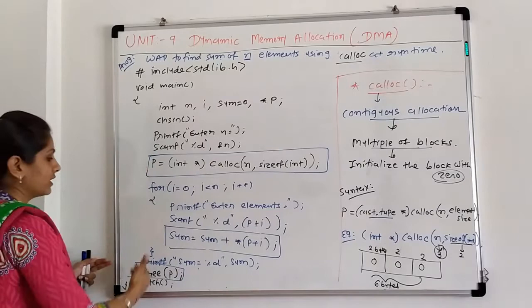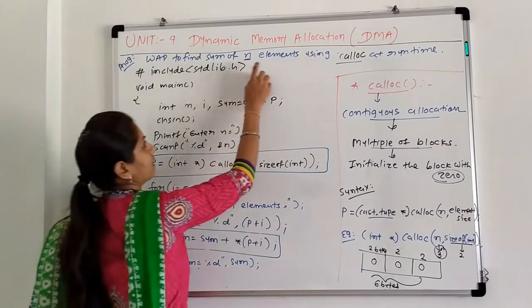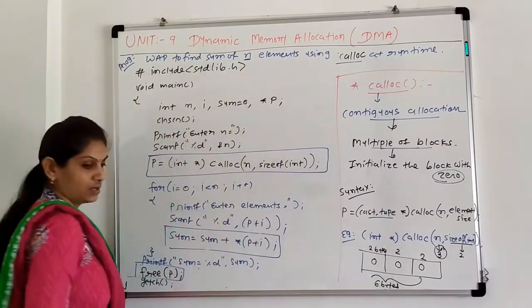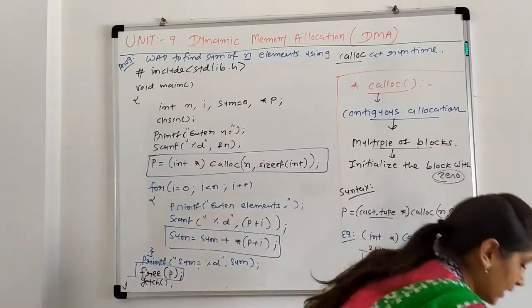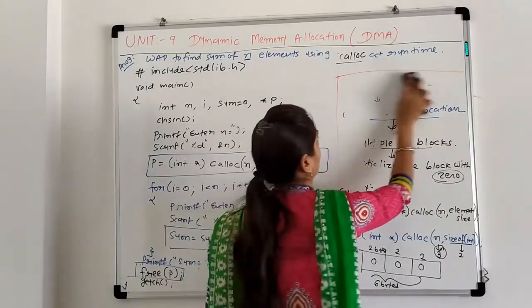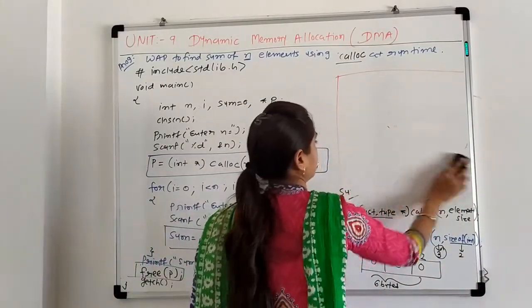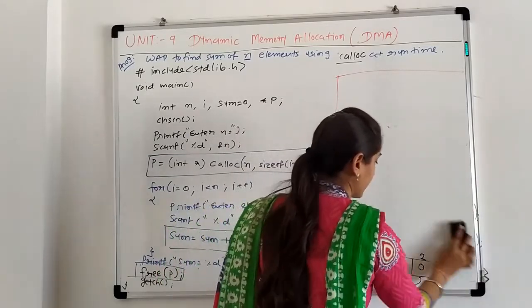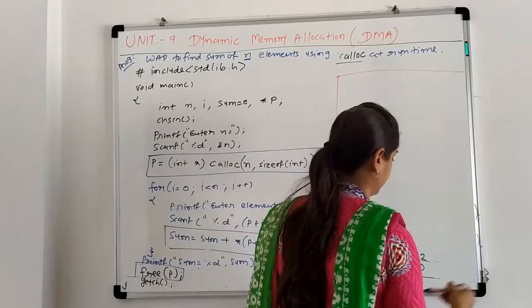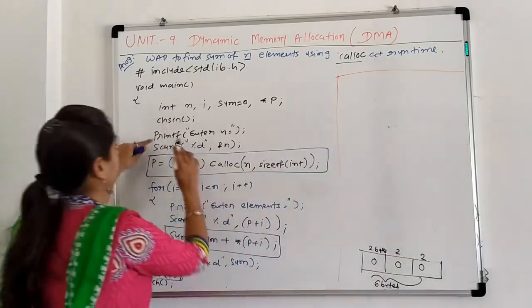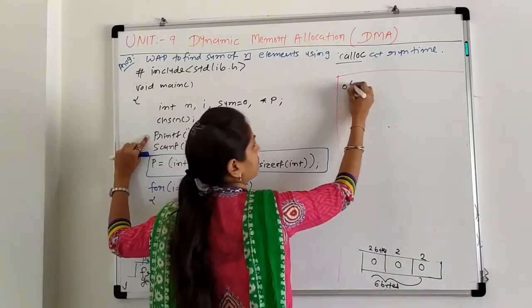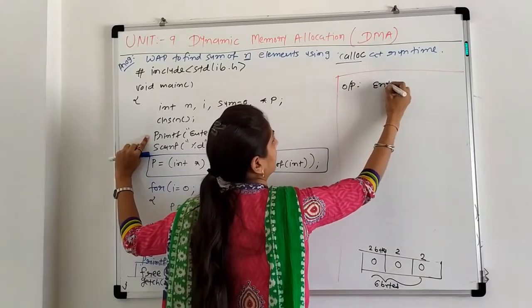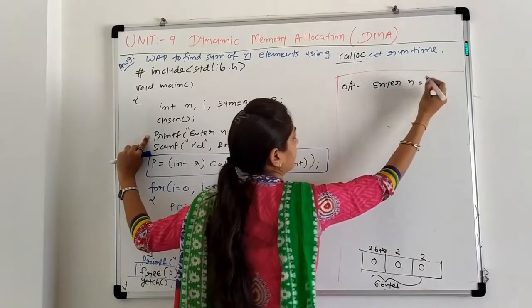Now we are executing the same program, sum of n numbers using the calloc function. So what is the output of this program? This figure is created here because here, enter n. Suppose we enter 3.